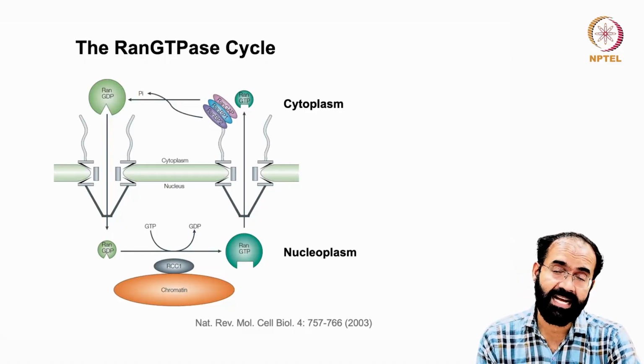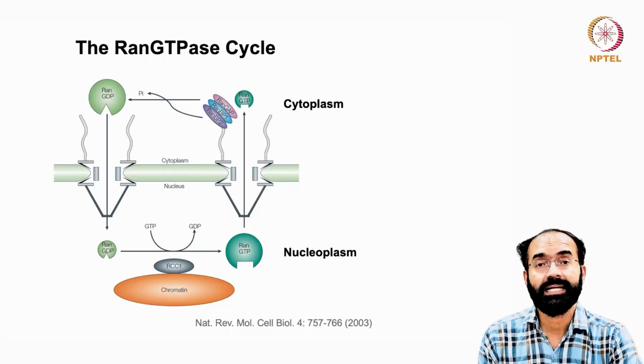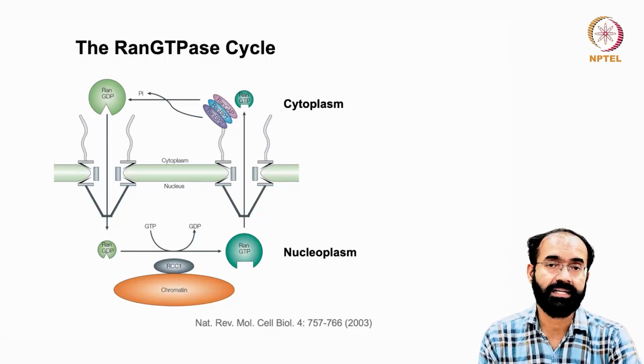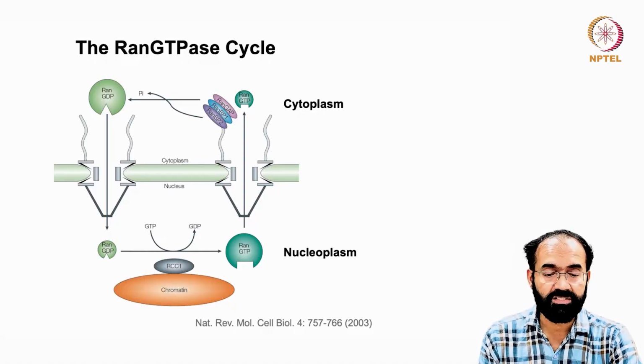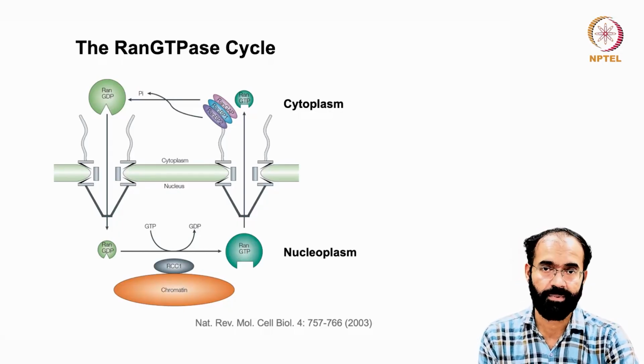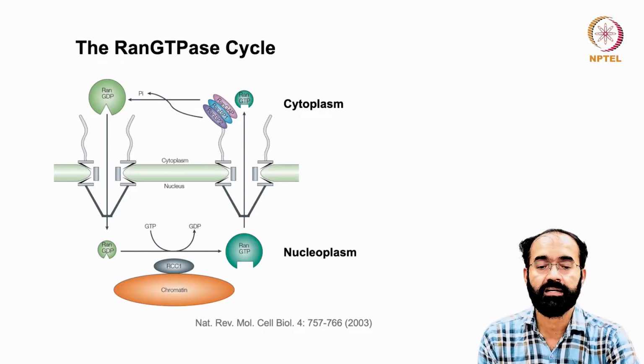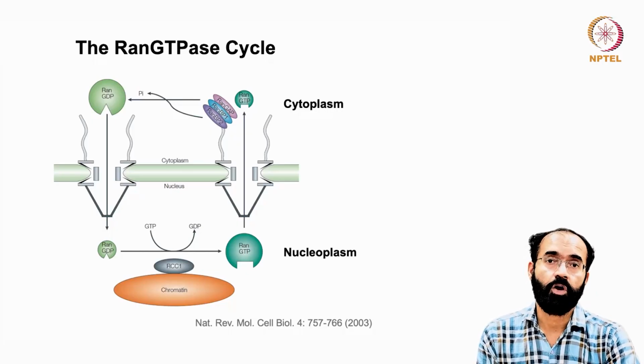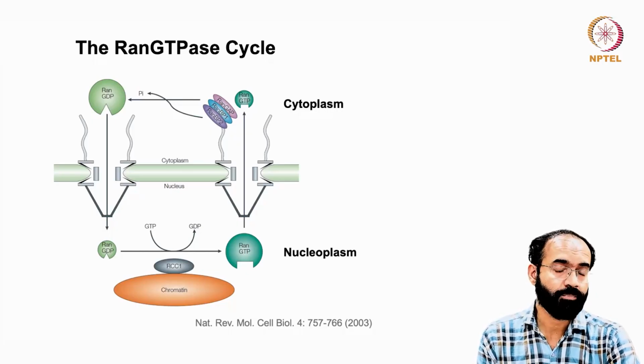And because RAN GDP concentration is high in the cytoplasm, it will get easy access, or easy demand, into the nucleus, because the nucleus has a low concentration of RAN GDP, and it is maintained low because this RAN GDP is converted into RAN GTP. So this RAN GTP cycle, or RAN GTPase cycle, is one of the central topics of nuclear export and import.